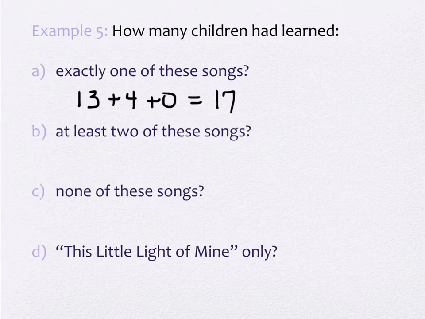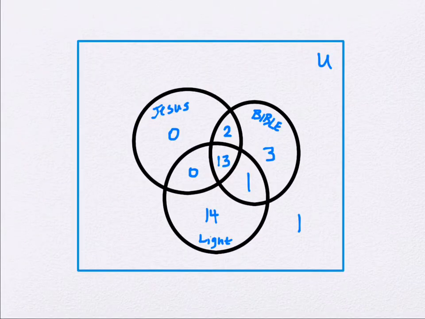What does at least 2 of these songs look like? Okay, this piece would be 2 songs, this piece would be 2 songs, and this piece would be 2 songs. And I also get to shade in the 13. Why? Because it said at least. So what does at least 2 mean? 2 or more. It does. So I have to include the 13 in the middle.